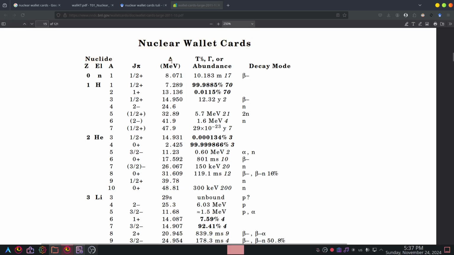This delta here is what we were discussing last time, mass excess. So this is the mass of the atom or the particle in comparison to the number of nucleons it has times 1/12 the mass of the carbon atom at ground state.